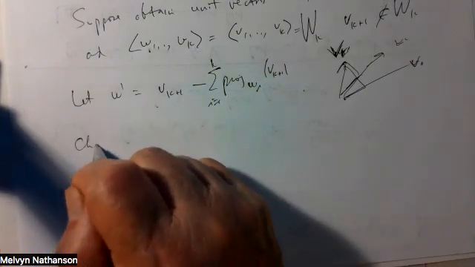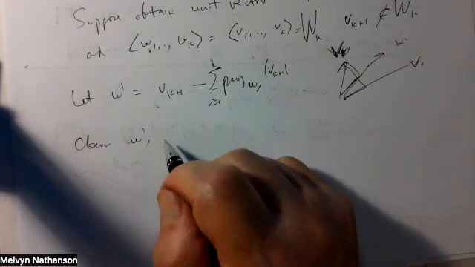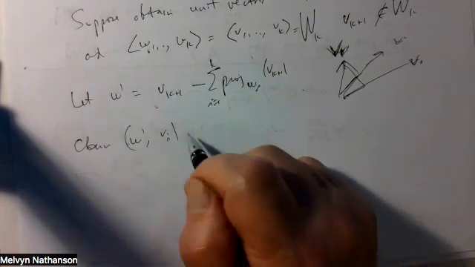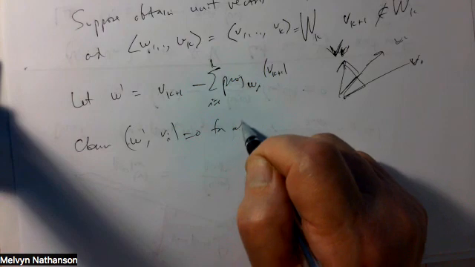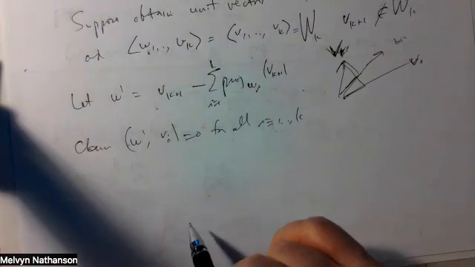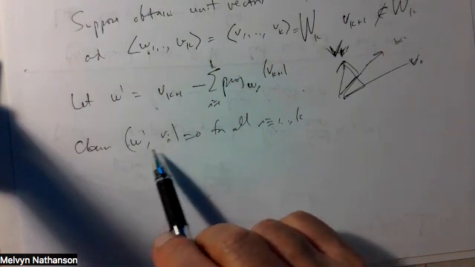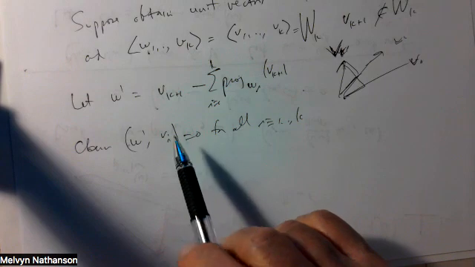And I claim that the inner product of W prime with W sub i is 0 for all i from 1 up to k. I'm not going to do that calculation now, but assume that that's true.